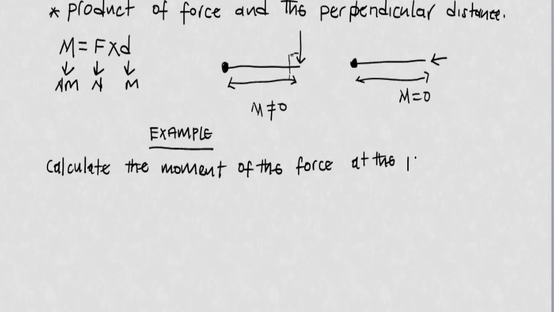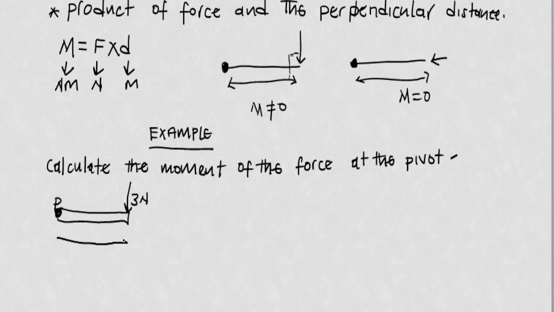This is the diagram that we have. We have a force hitting here, and this force is 3 newtons. If this is the pivot, I'm going to say P for pivot. Then we have a perpendicular distance from that point to that point, and this distance is, let's say, 2 meters.